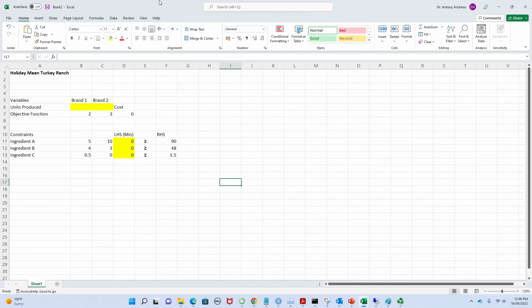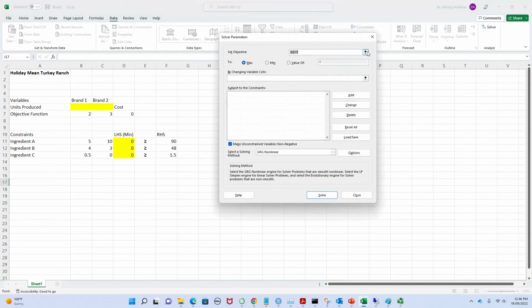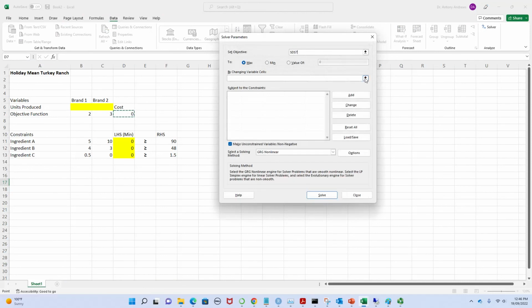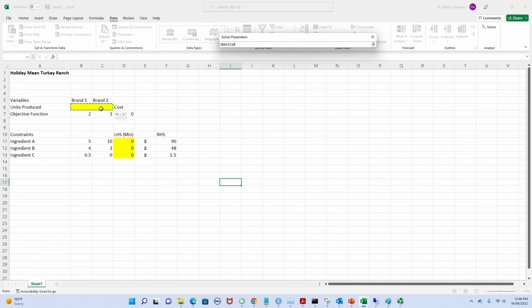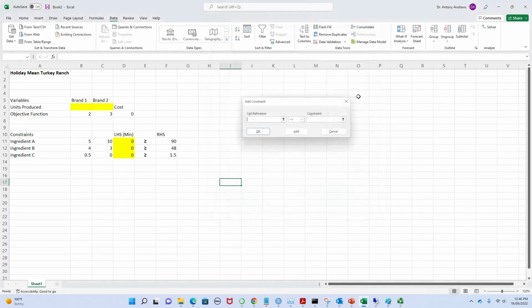Okay, now let's go and use Excel Solver to solve this. So data, click Solver. My set objective function is here. Remember that formula has the objective here, so set that. Changing variable, this is a variable that changes, I have a decision variable, and add the constraint.